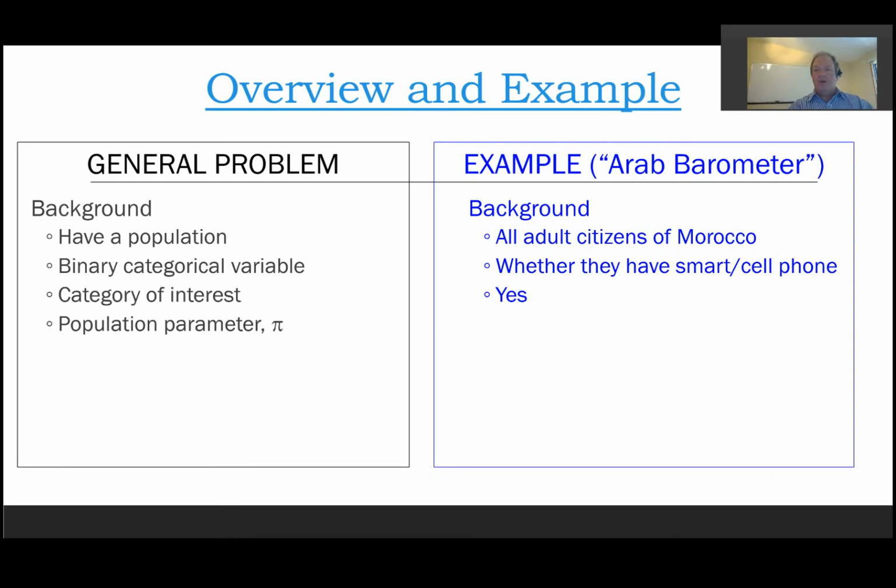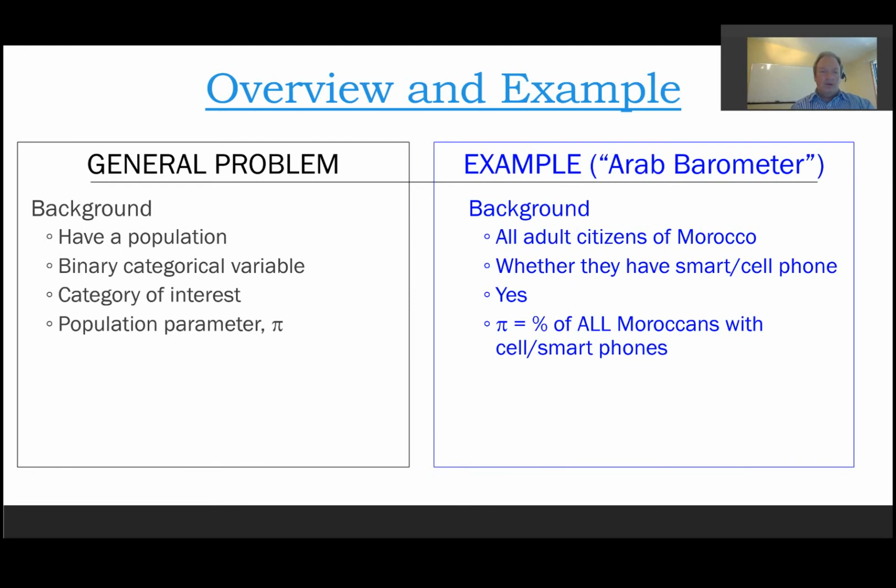So if we think about this example with the error barometer, if I was an omniscient being and I knew every adult citizen of Morocco, whether they did or didn't, I had all the yeses and all the nos for that variable, what is the one thing I'd want to compute? I would want to compute the percentage of all Moroccans that were in my category of interest, that is, who had smartphones or cell phones.